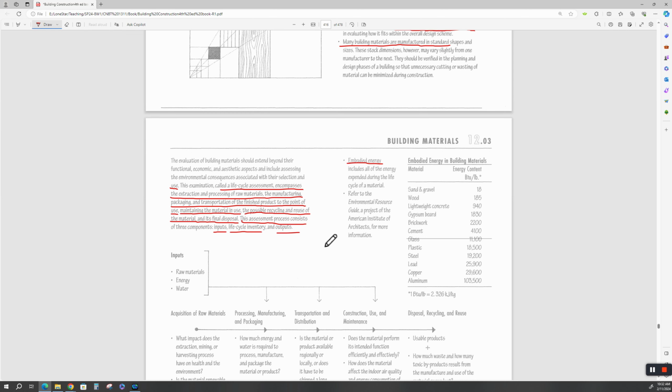Now Toyota knew this early on. Toyota's been making hybrids for many, many years, and they knew from a good engineering standpoint that the best of both worlds was a hybrid.